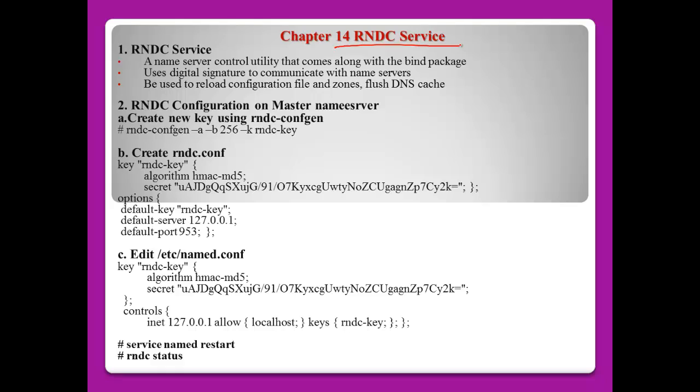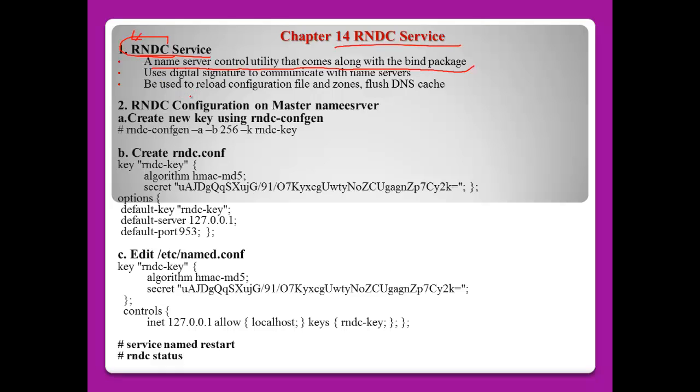Chapter 14, the RNDC service. RNDC is a name server control utility that comes along with the bind package. If you install the bind package, normally you can use RNDC. Here R means remote.